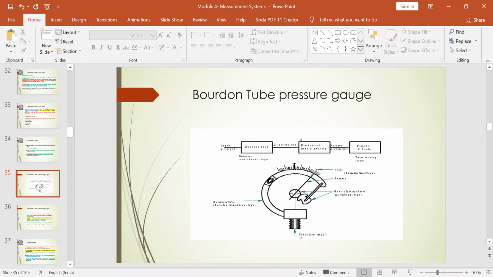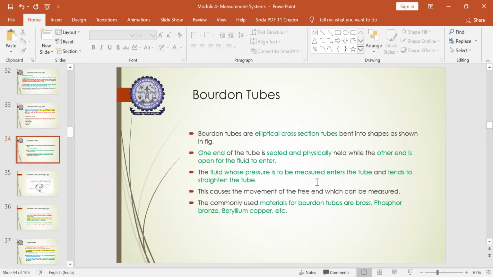Okay, so one end of the Bourdon tube will be sealed, where you receive the pressure as an input signal. The other end of the Bourdon tube will be open so that the fluid can come into it. The fluid whose pressure is to be measured enters the tube and tends to straighten the tube.